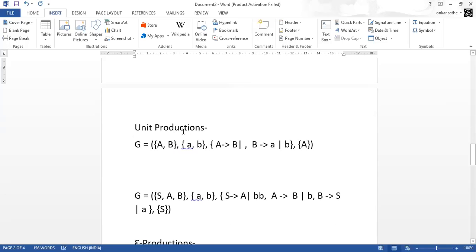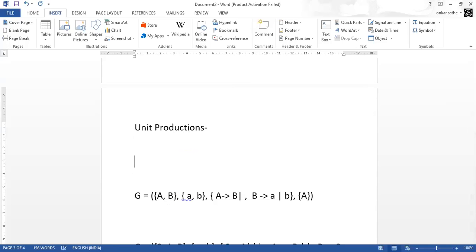Now the second elimination is elimination of unit productions. A production of the form A gives B is called a unit production, where A and B both are non-terminals. Now there are some elimination rules to eliminate the unit productions.